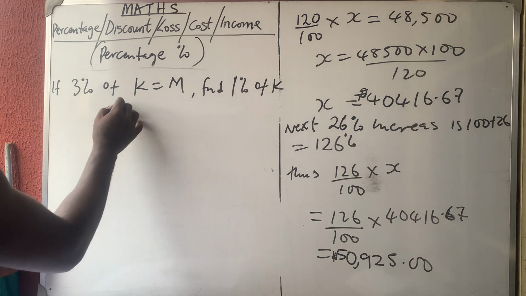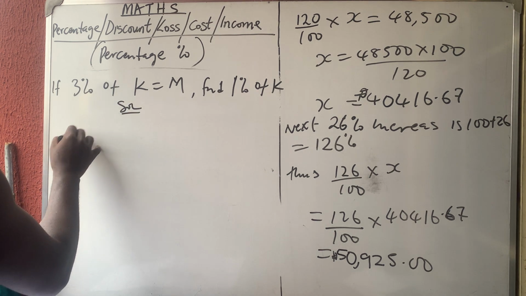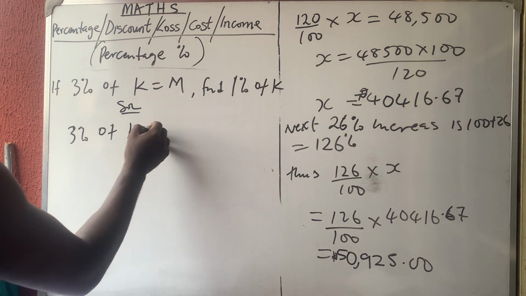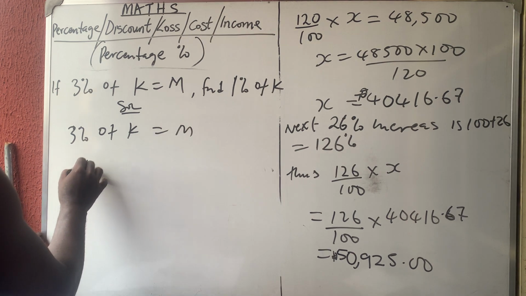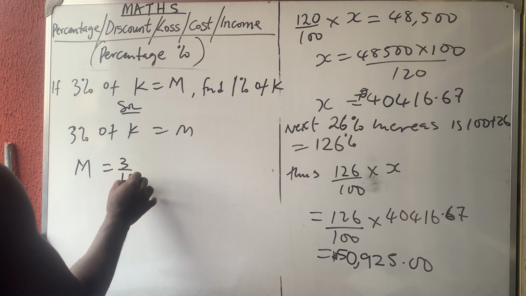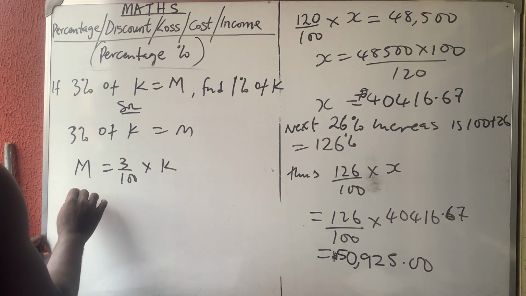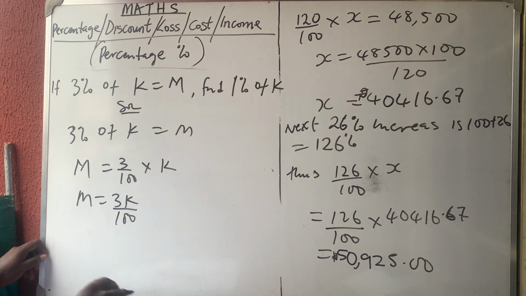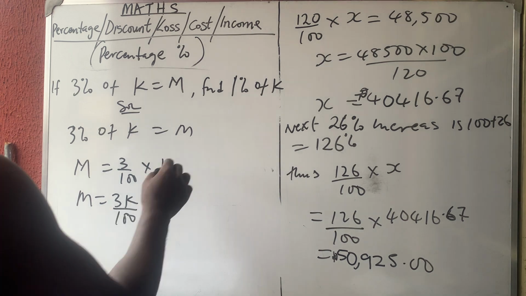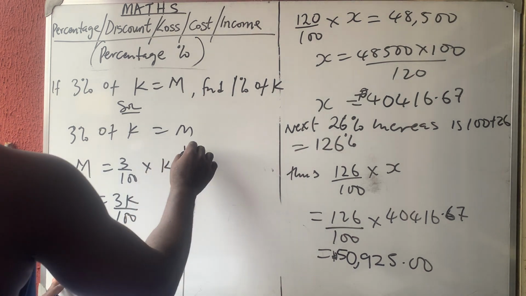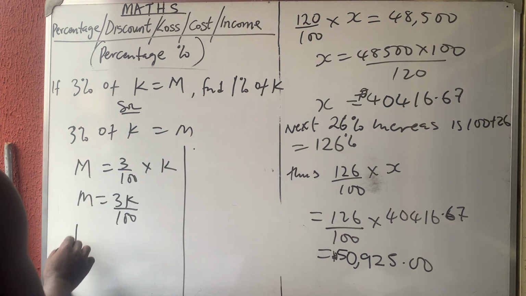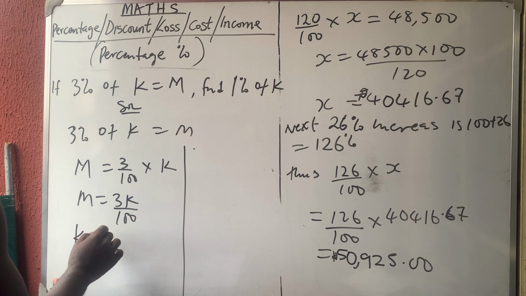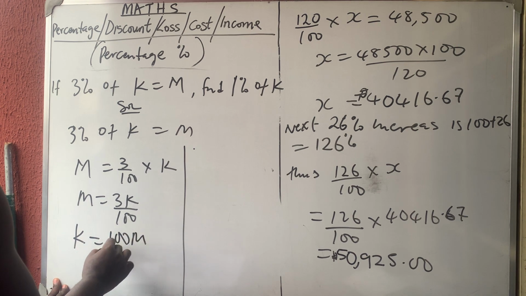Solution. They said that 3% of k is equal to m. So therefore m is simply 3 over 100 times k, so m is 3k over 100. Now we are finding 1% of k. To find k itself, k is 100m over 3.